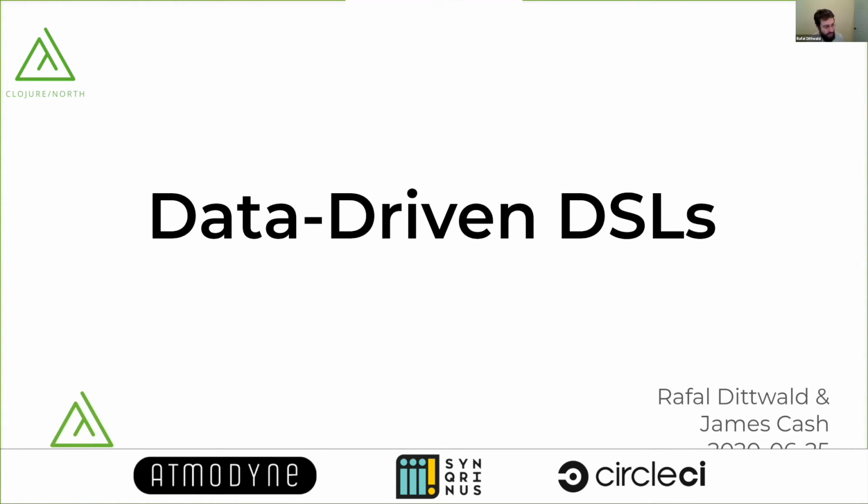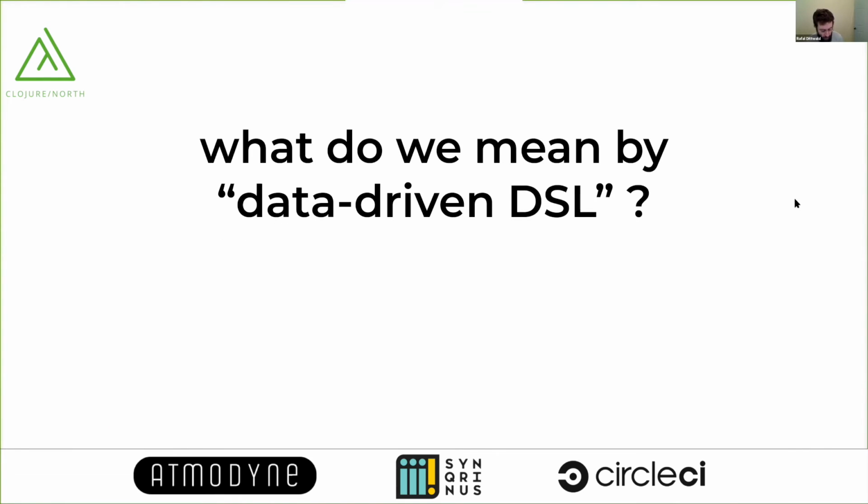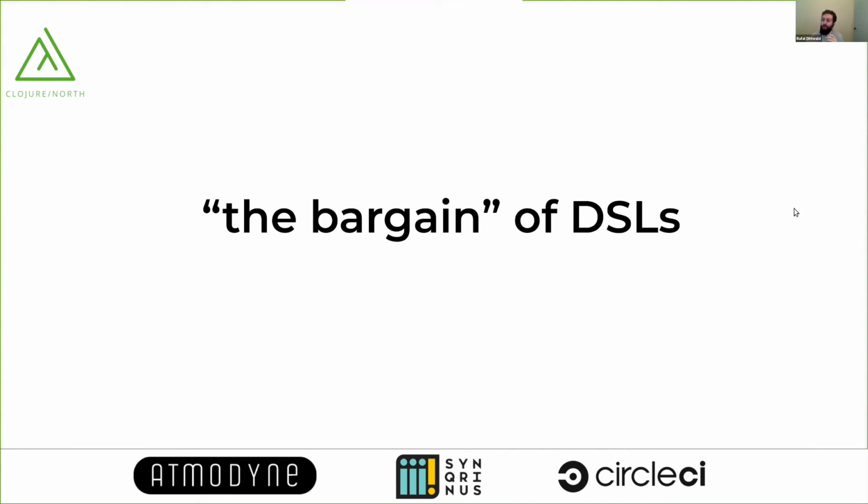This brings me to this idea that there's a certain bargain that we make when we're designing and working with DSLs. DSLs introduce new behavior to our program and give us more power, like being able to query a database and all that involves, or doing regex and doing search.